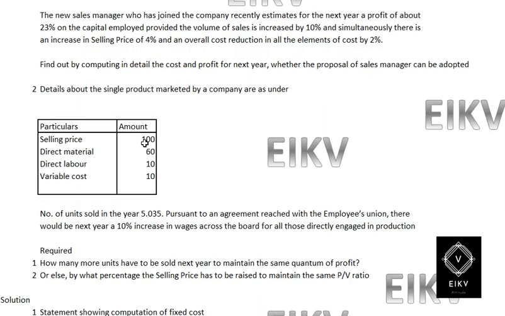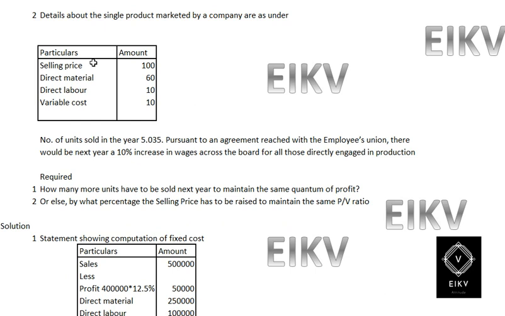Moving forward to the next question. Details about the single product marketed by a company are as under. Selling price of a product is 100 rupees, direct material 60, direct labor 10, variable overhead 10. Number of units sold in the year is 5035.